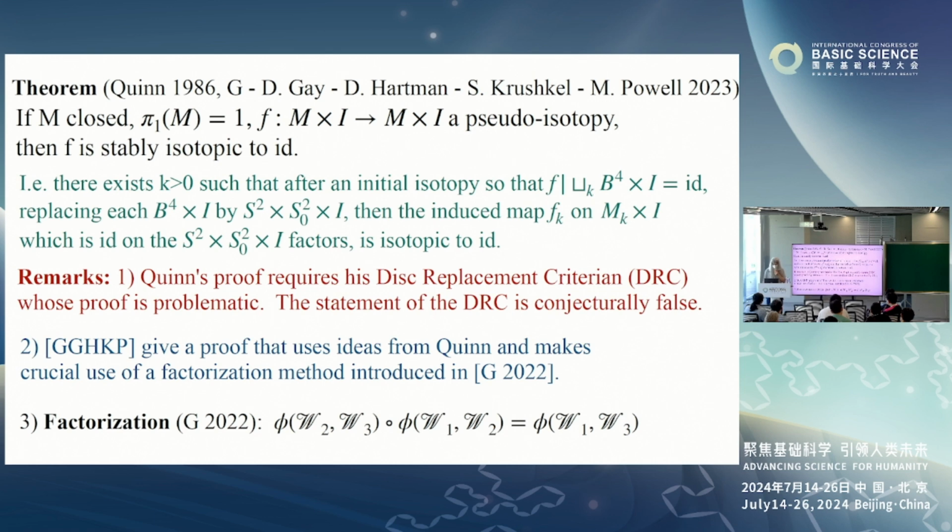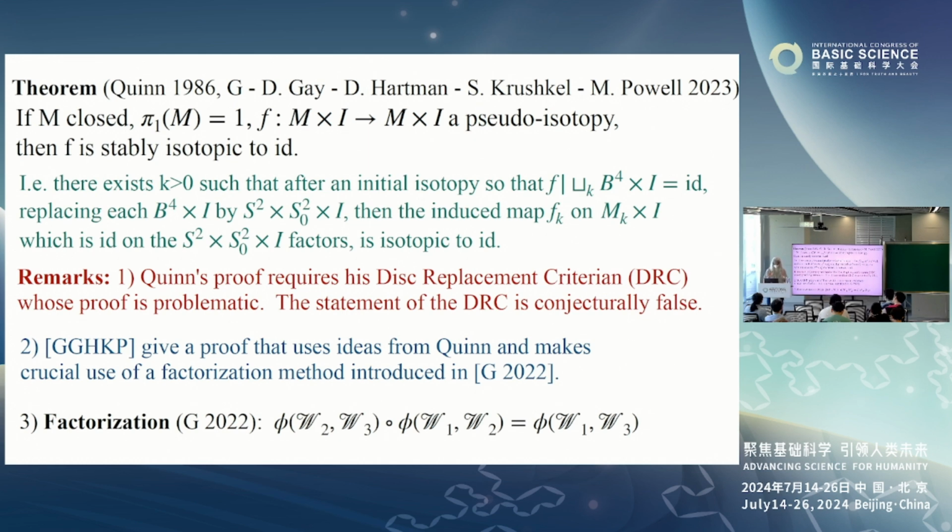And his theorem is that if you have a diffeomorphism of a simply connected manifold and you have a pseudo-isotopy of it, then in fact the pseudo-isotopy is stably isotopic to identity. Well, I won't say all the words for what it means, but you can imagine now you have this M cross I and this little point cross I with a diffeomorphism identity, and you connect sum some cross I.